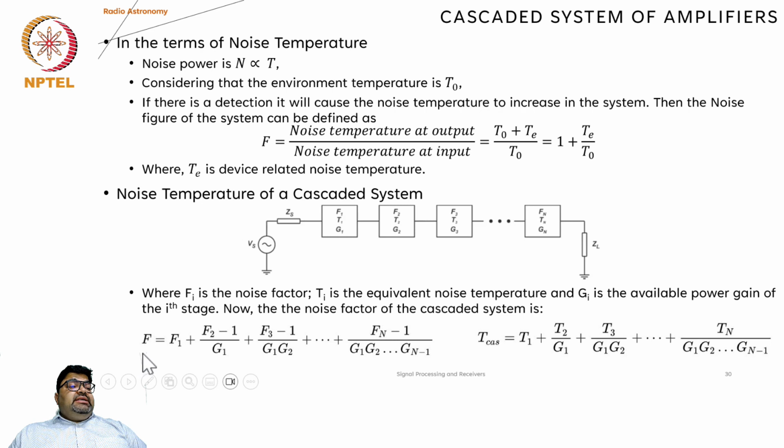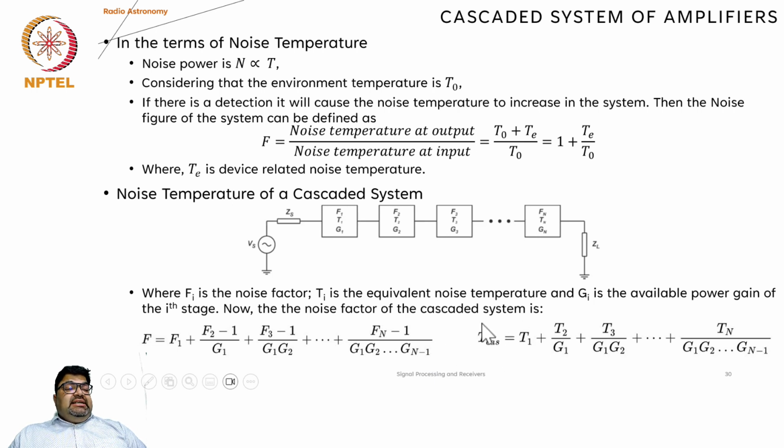Then the total noise factor is equal to F1 plus F2 minus 1 over G1 plus F3 minus 1 over G1 G2, and so on. For the nth component it is Fn minus 1 over G1 G2 up to Gn minus 1.